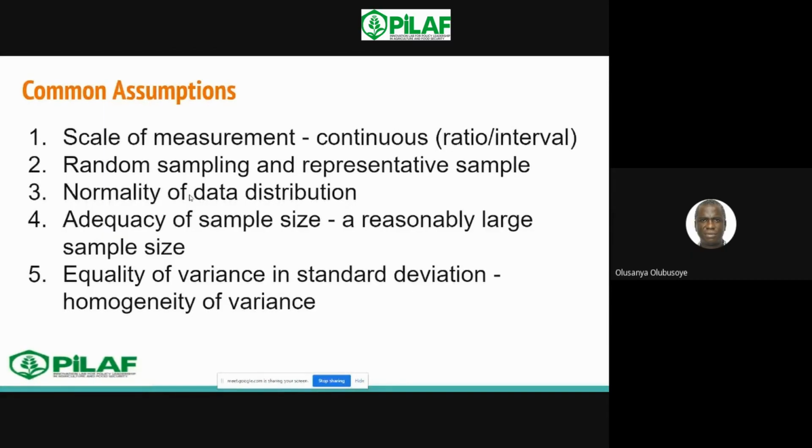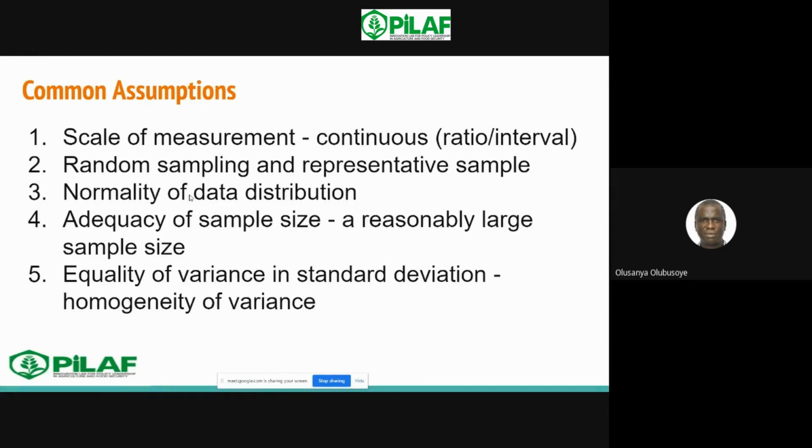The third one, which is very fundamental, and which is even more reason why we are using the test, because the test is a parametric test. The underlying assumption is that the data is normally distributed. So you must ensure that this distribution has the shape of a bell, and that's the shape of a normal distribution.